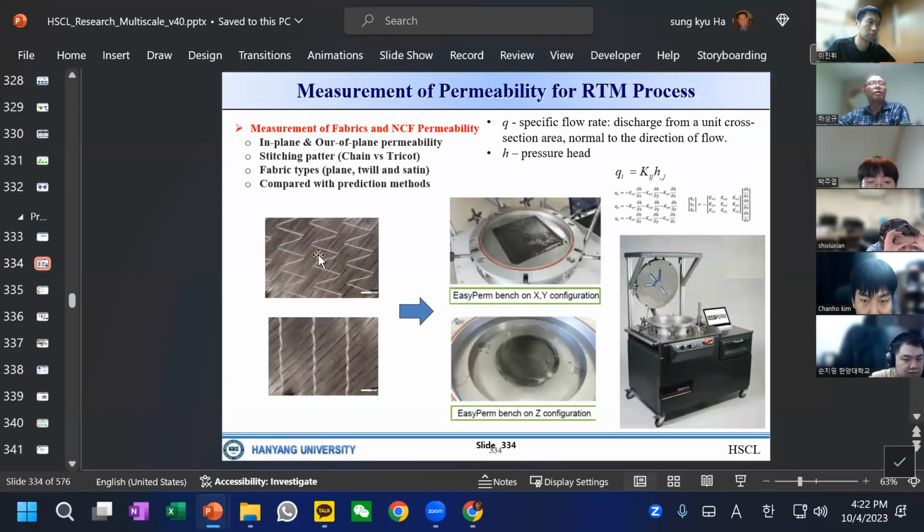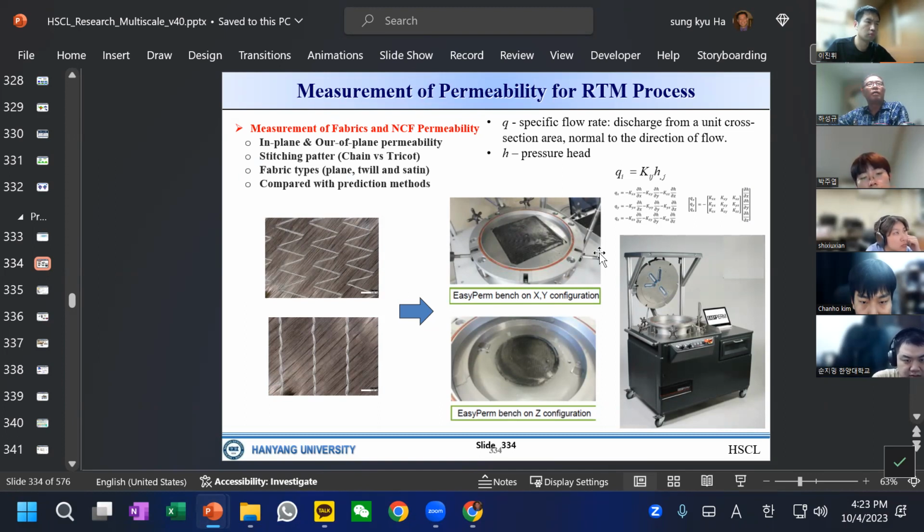Dry fabric can be stitched or can be woven, anything. And then we have some foam. But a very important point here is to understand how resin will flow in a certain direction, because the resin will flow under a certain vacuum or pressure.